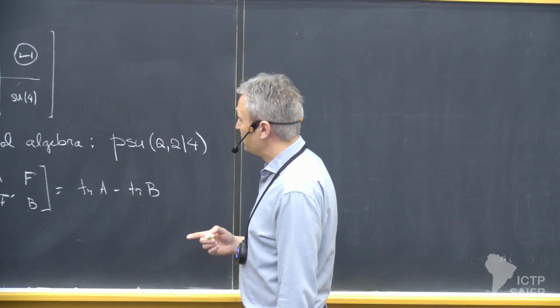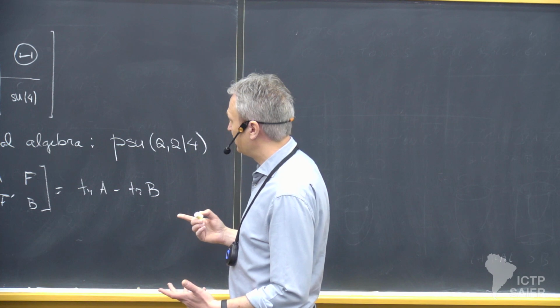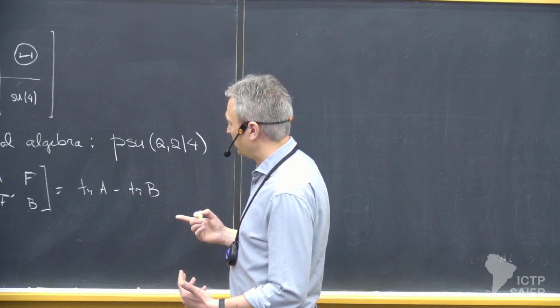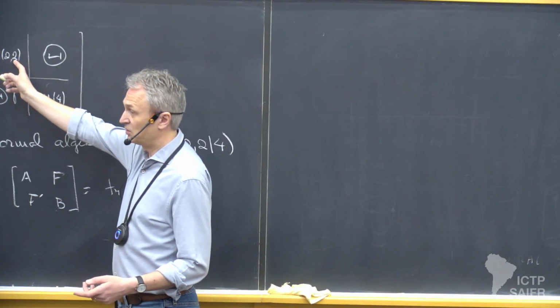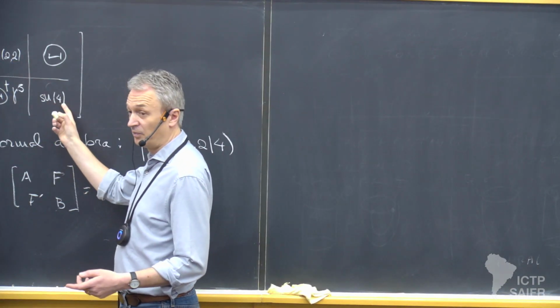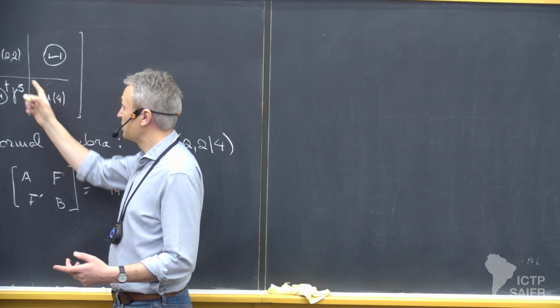So the trace condition eliminates an overall trace in SU(2,2) and SU(4), but not the individual traces of these elements.